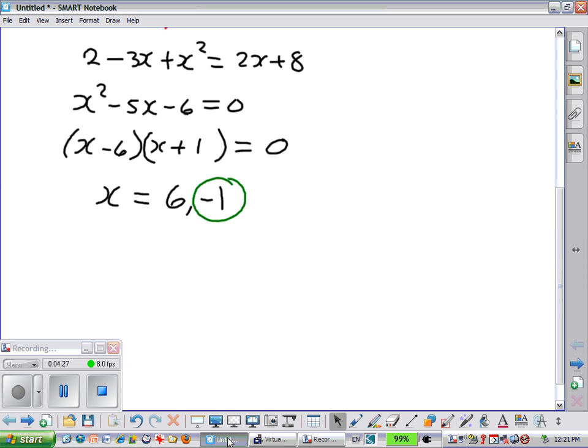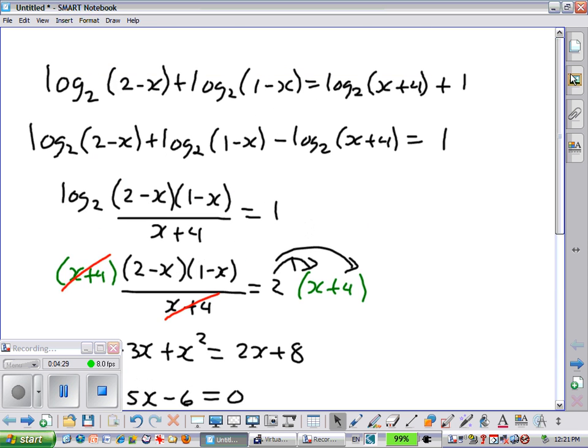Now, I have to check my solutions. One answer was x equals 6, and one answer was x equals negative 1. How do I know if these answers work? Well, the first test I do for these particular questions is check to see if it makes my log negative. So I'm going to plug 6 into that.